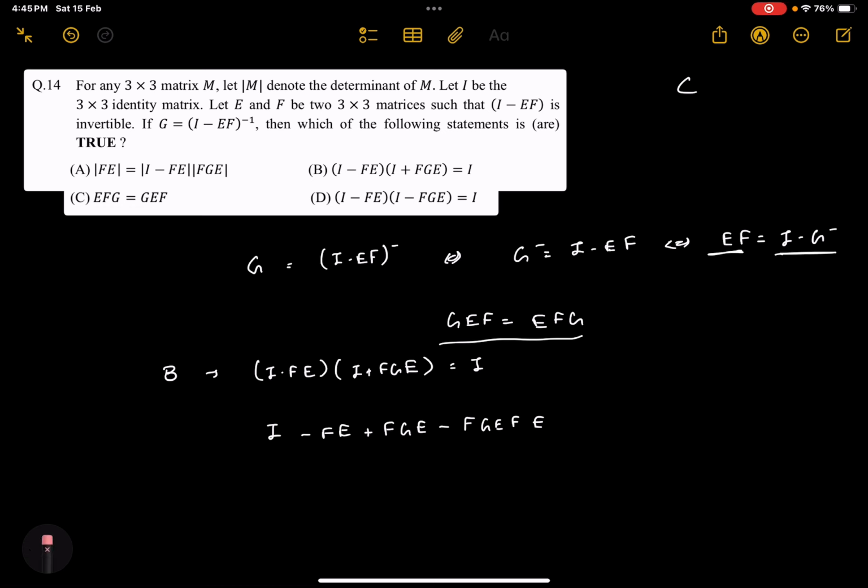So this thing becomes minus FG I minus G inverse E, and opening this bracket I get GE plus FE. So this plus FE gets cancelled, this gets cancelled, and I am left with I, which is exactly our right hand side of this equation. So B option is also correct, and hence D option is incorrect.